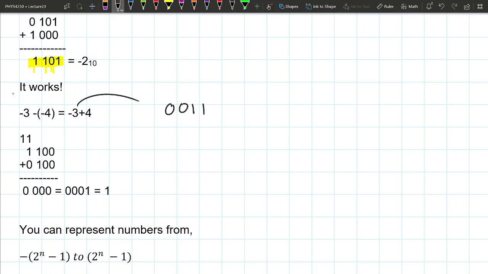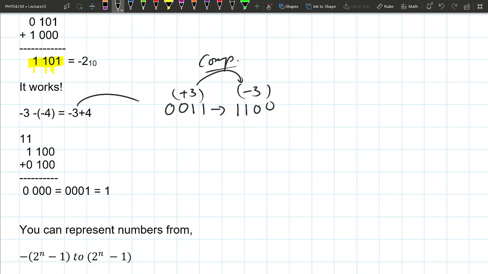That's positive 3, that's 1 plus 2, with no sign bit. Then you flip everything, and this is -3. This is positive 3. So this is the complement, the comp part. All right, so this is indeed -3.